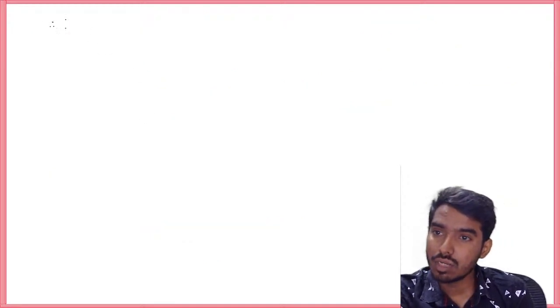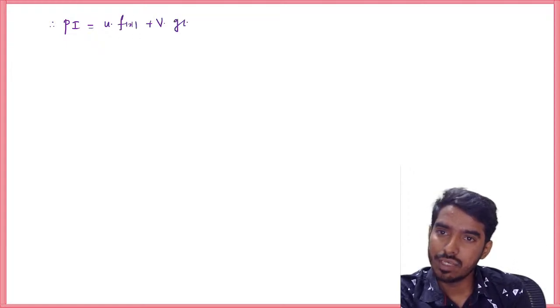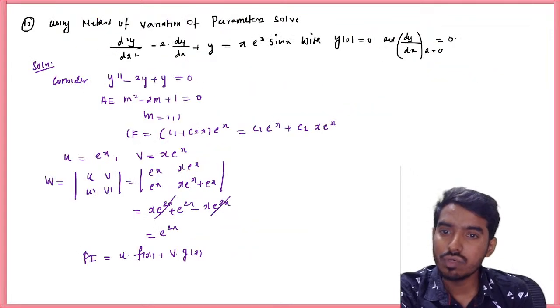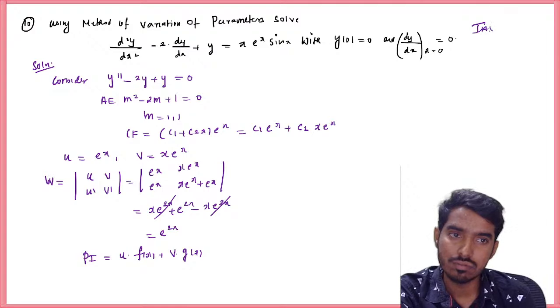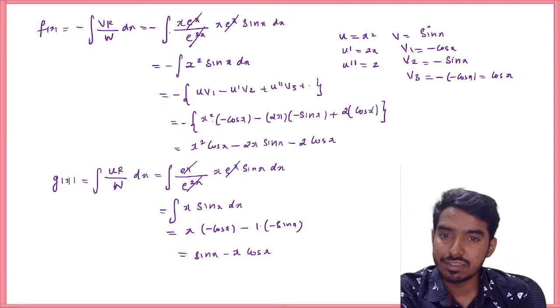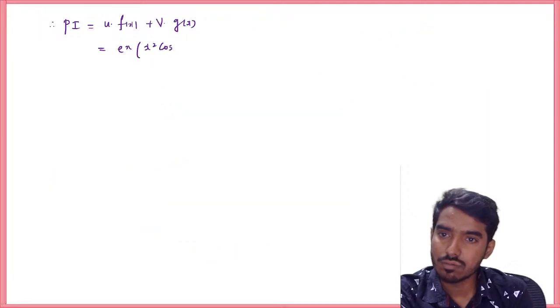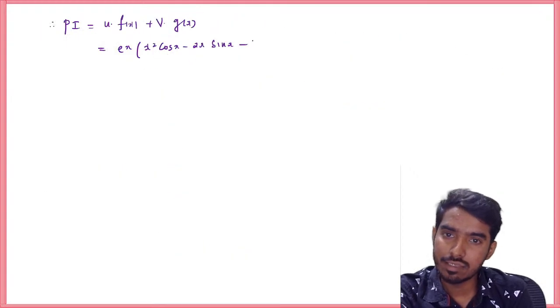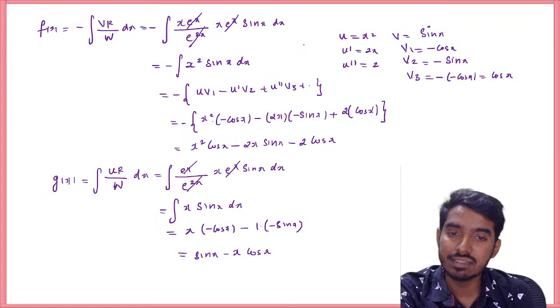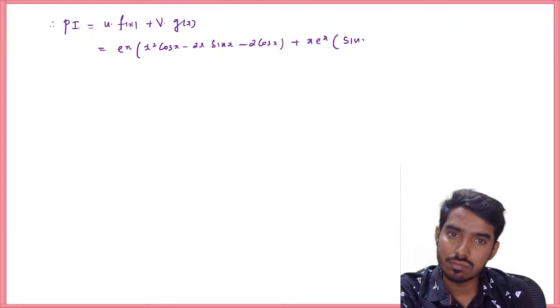So therefore, your particular integral is u into f of x plus v into g of x. So u is e power x, and this is IS 2005. So f of x is e x square cos x minus 2x sin x minus 2 cos x, plus b. b is x e power x sin x minus x cos x, right?